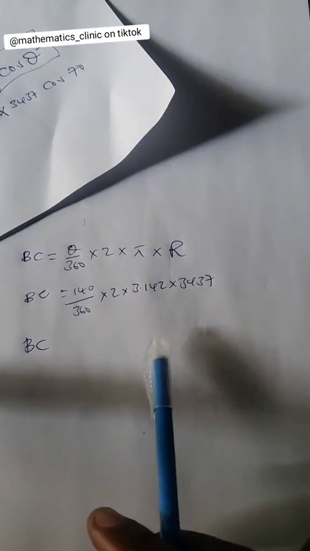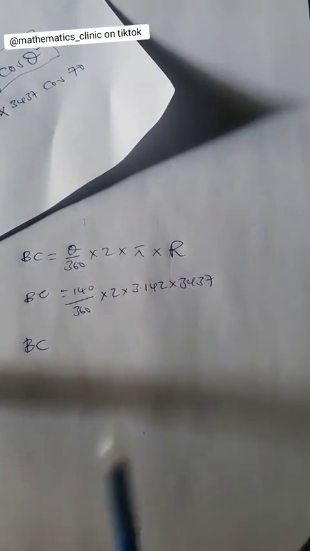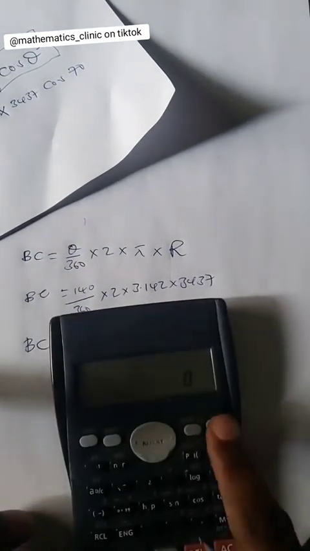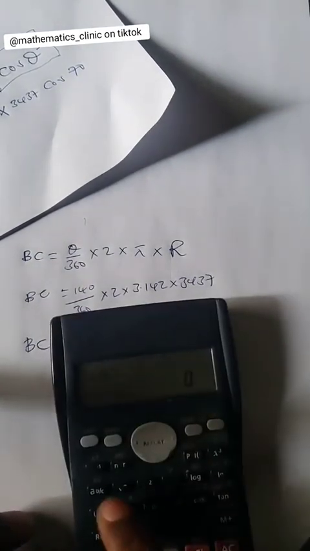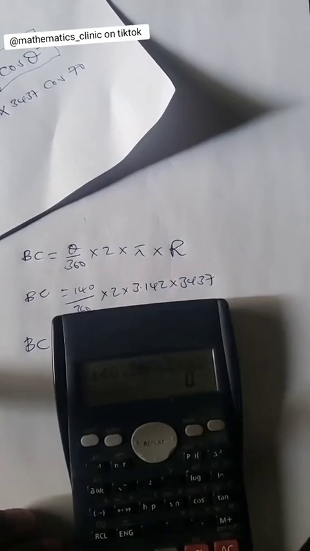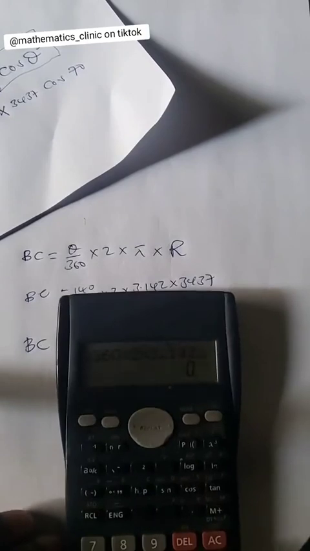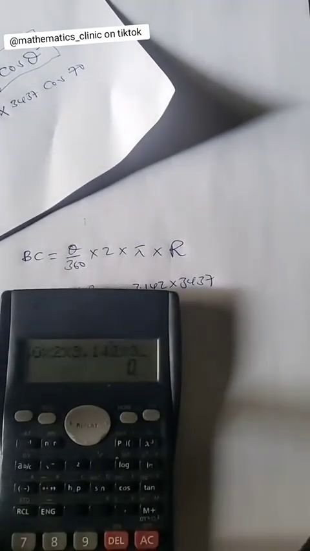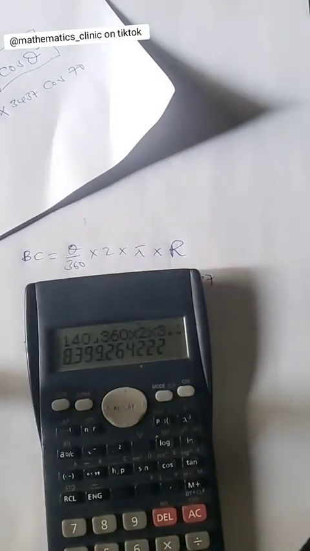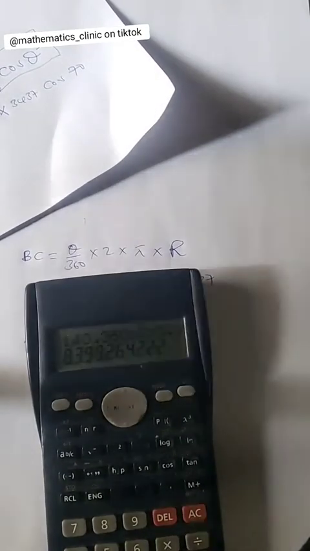Remember, longitudes are great circles, they don't have cos. That one was in the latitude, a small circle. So on the calculator, 140 over 360 times 2 times 3.142, then times 3,437 equals 8,399.264222.